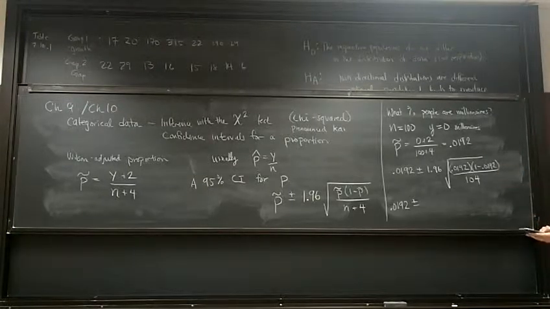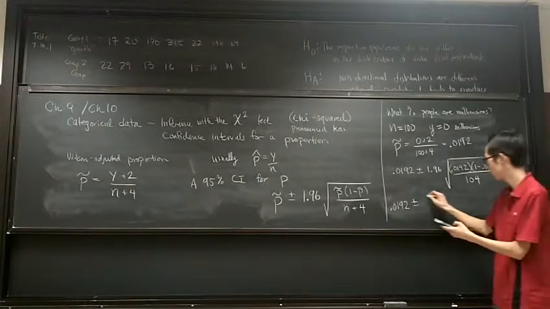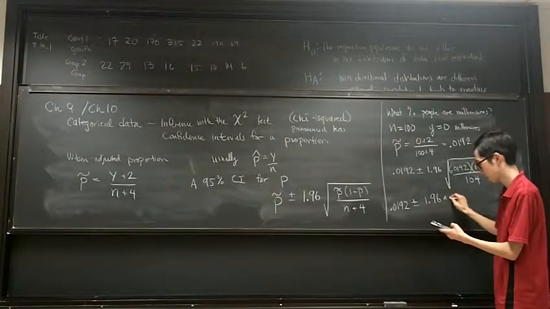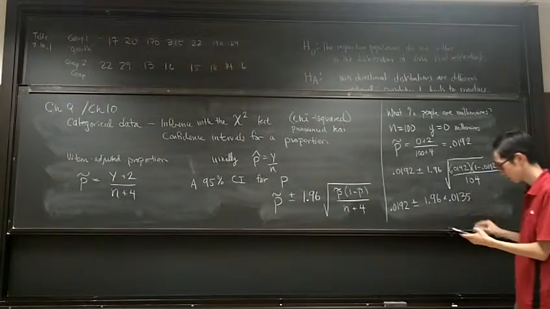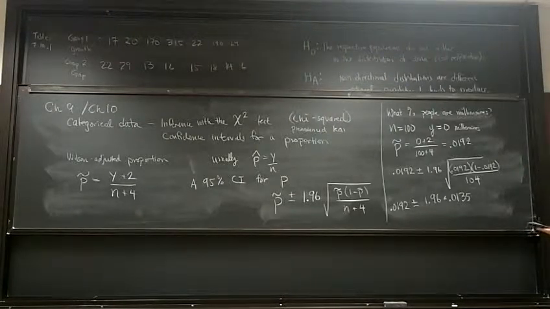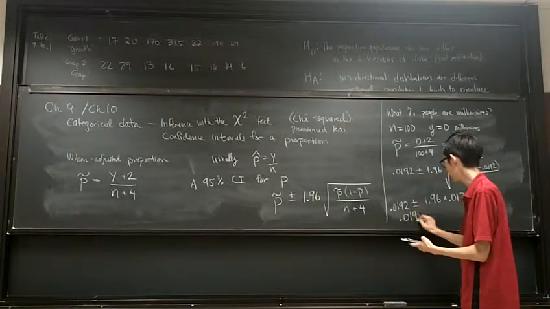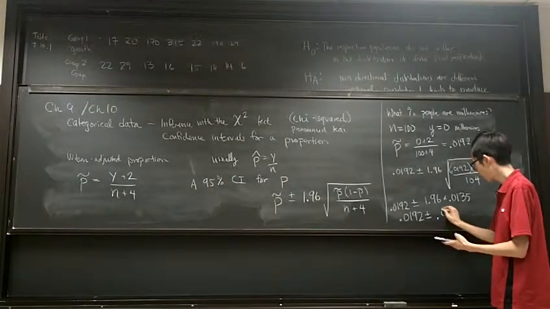Technically in the calculator I'm not rounding off at all, but I don't feel like writing all 8 decimals there. I think I did that right. Let me just check. Okay, and multiply that by 1.96. So 0.0192 plus or minus 0.0264.